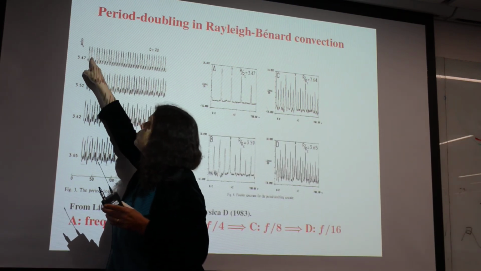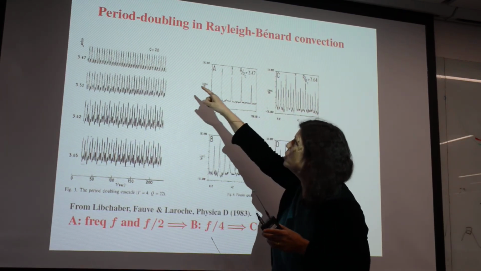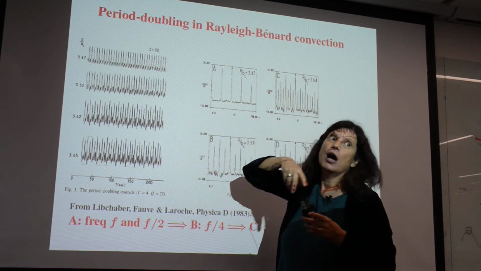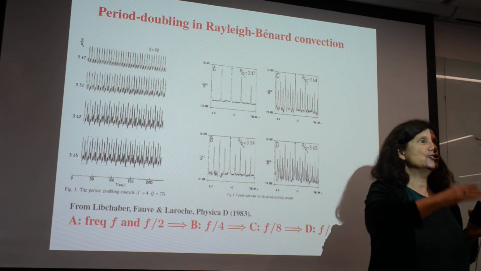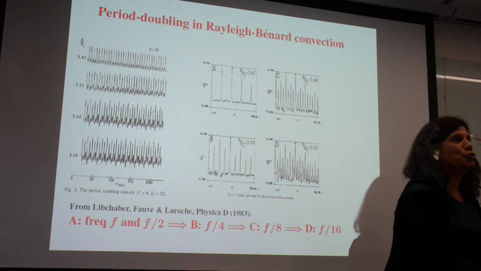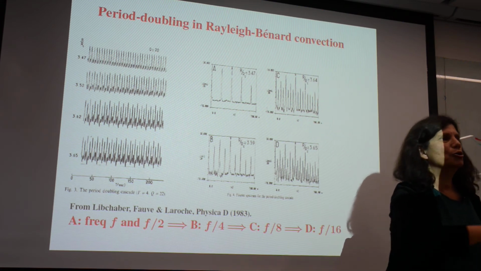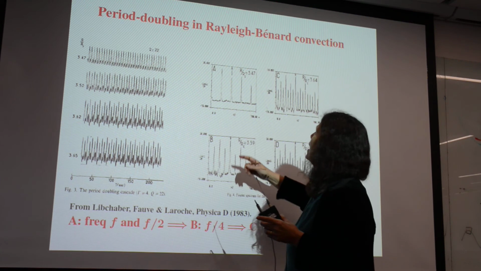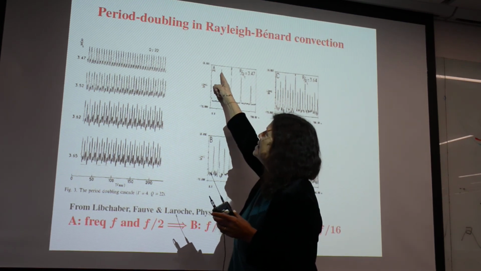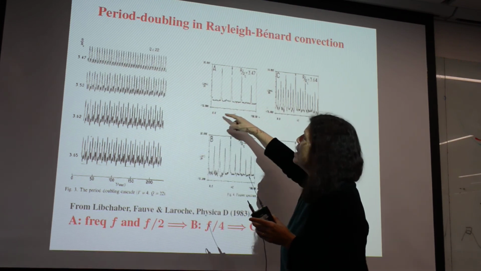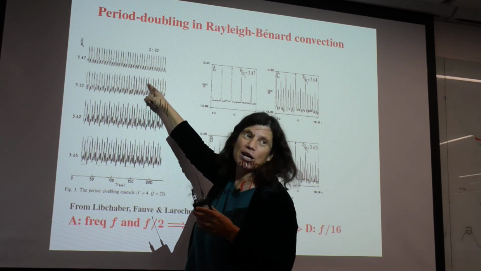Here you'll have two maxima, or two piercings of the Poincaré section, and that leads to a period doubling, because something that goes choo, choo, choo has a certain frequency, and something that goes choo, choo, choo, choo, choo, choo has twice the period, or half the frequency. So this is the main one, and this one has two maxima. And then here are 4 different kinds of maxima.